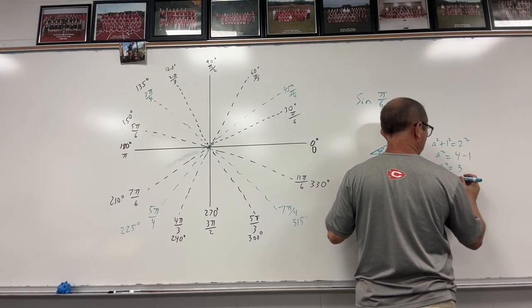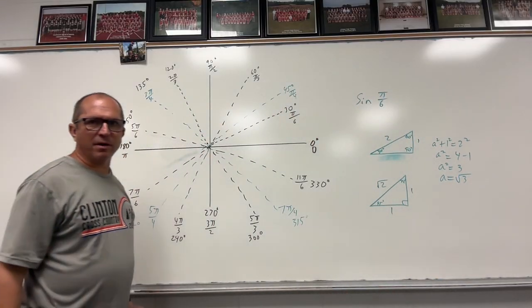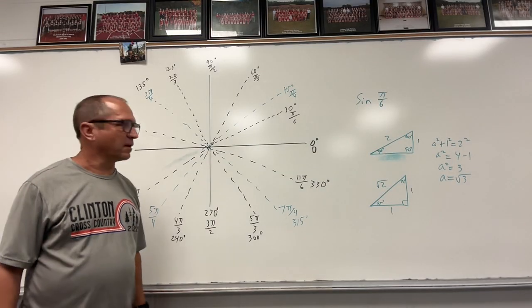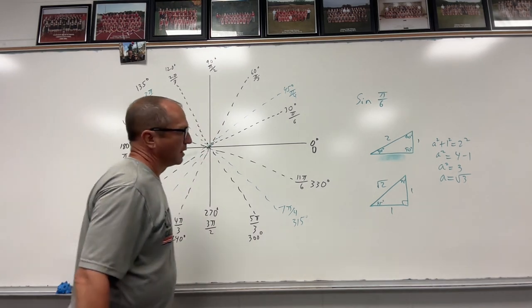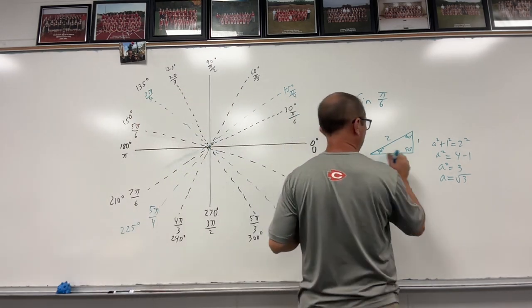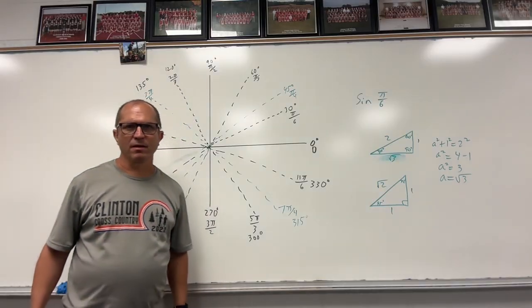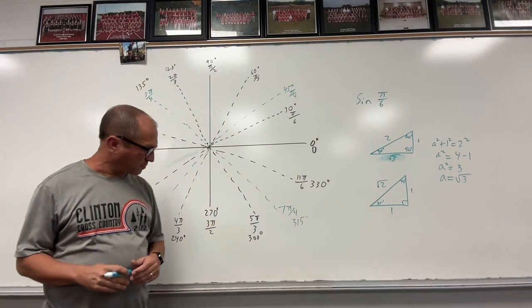So a would equal, and typically you'd say plus or minus that square root, but because we know we're dealing with the length of a triangle, the only appropriate answer here is the square root of 3. So if you forget that this is the square root of 3, you can always go to the Pythagorean theorem to solve that value out.